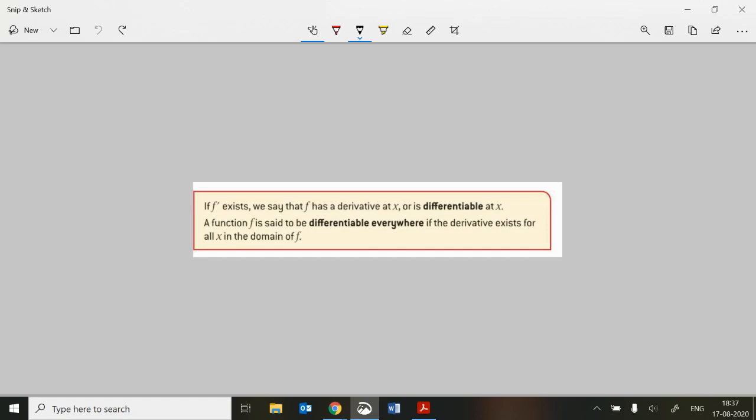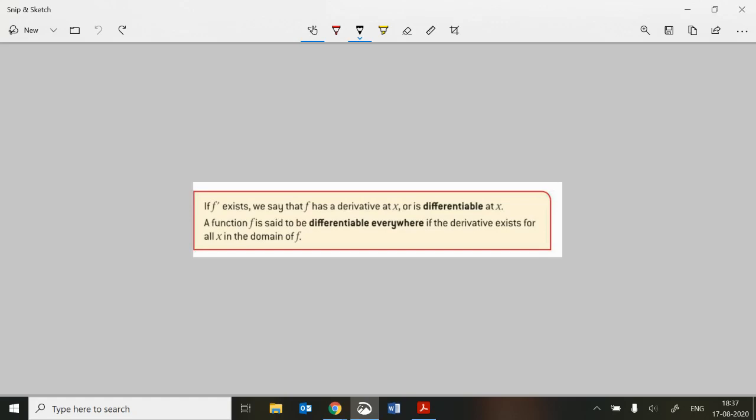Now, I think that's just a little extension to say, we had that previous formula which was working for particular points. Now, as long as this is working for every point over our domain, so that f dash of x exists for all points, then this function is differentiable everywhere.